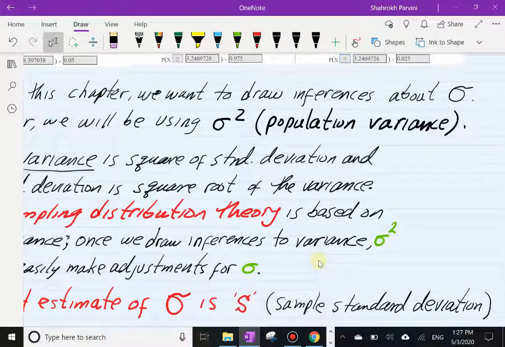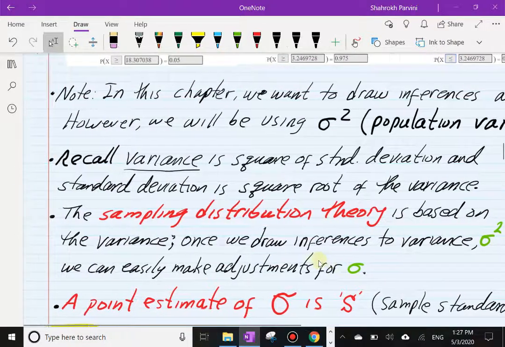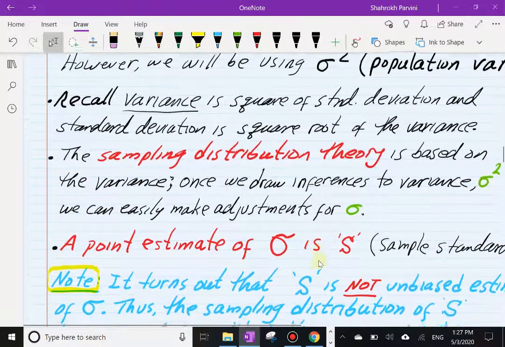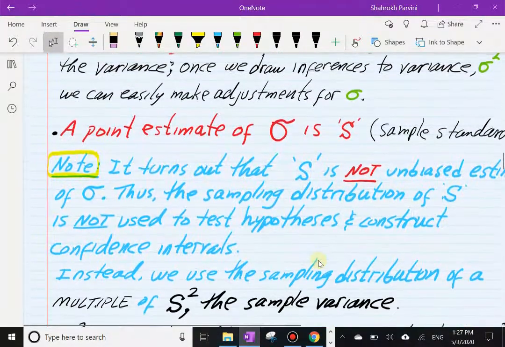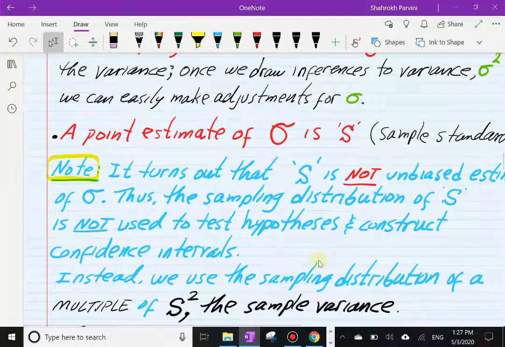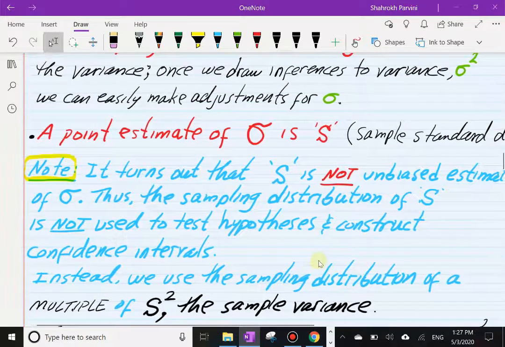That's pretty simple, common sense, right? If you want to know what the deviation in the population is, why don't you look at the deviation in the sample? This S, by the way, is the sample standard deviation we looked at in chapter 3.